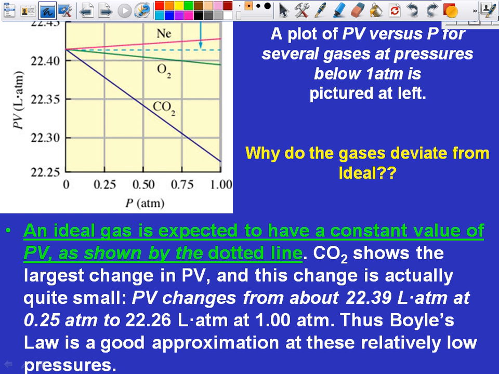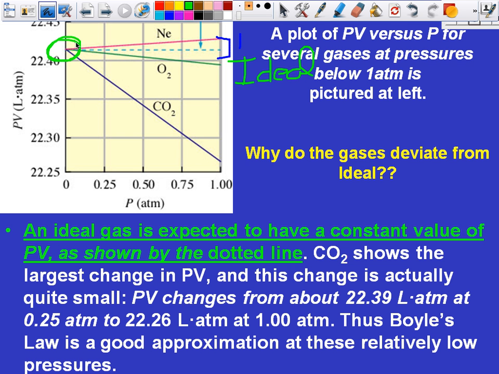Here's another little thing I do want you to know. I think you can see this on your notes, but this blue dotted line with the arrow is your ideal gases. This is kind of interesting. Notice where it's located: at the 22.4 range. Remember we talked about ideal gases?